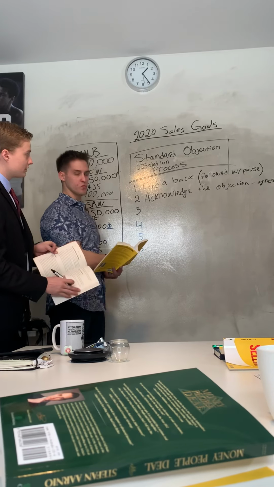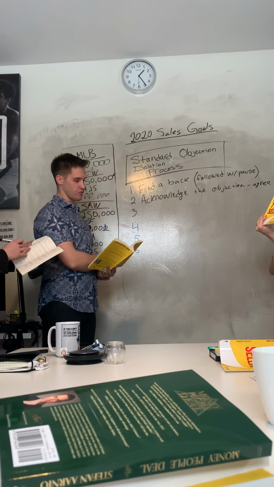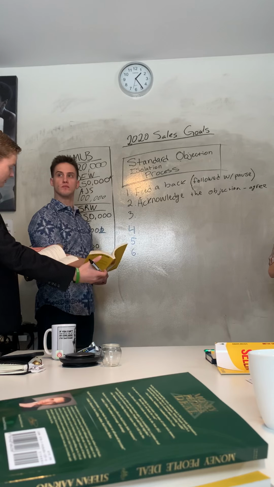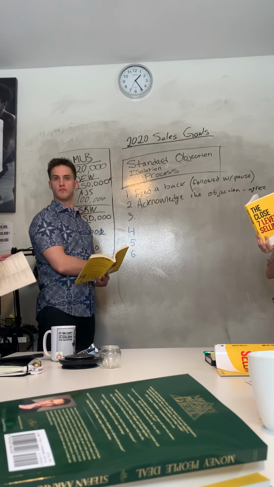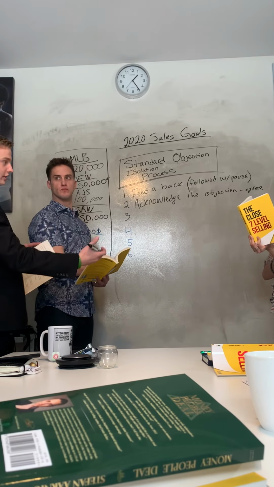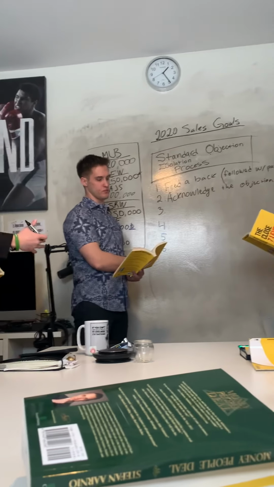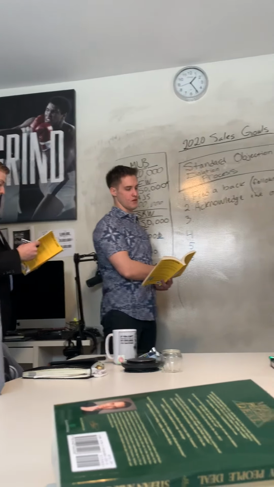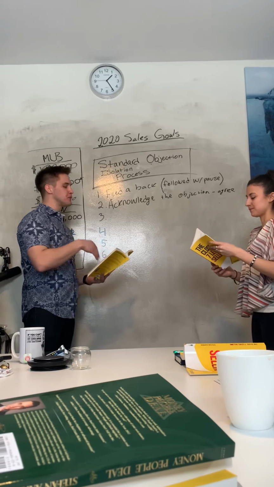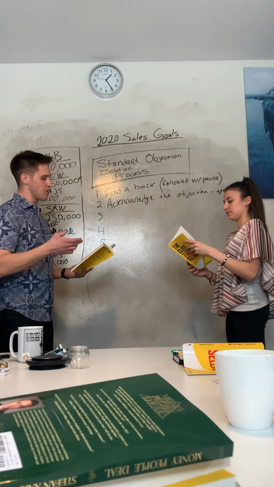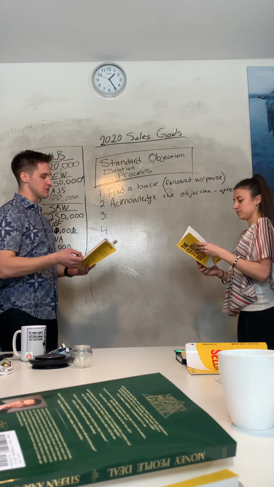The second one is to acknowledge the objection and agree. Mitch did that: I understand, Sarah. Sometimes I feel like I need to think about things too. But let me ask you this. You acknowledge it, you agree, but now let me ask you. Besides this, Sarah, would there be any reason to not move ahead today?